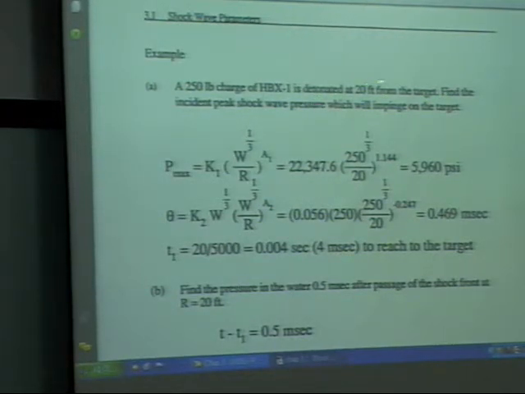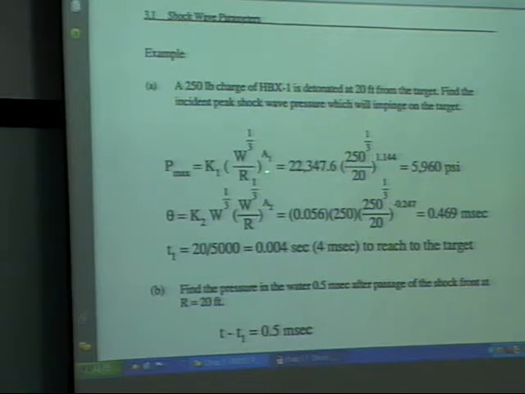So the R standoff distance is 20, and HBX1 charge. I want you to find some mistakes here. Then find the incident peak shock wave pressure which will impinge on the target, which will hit the target.